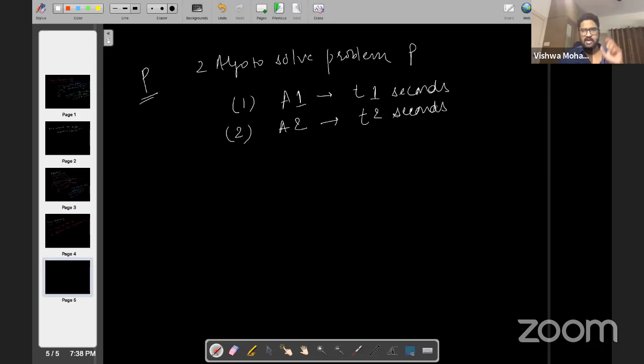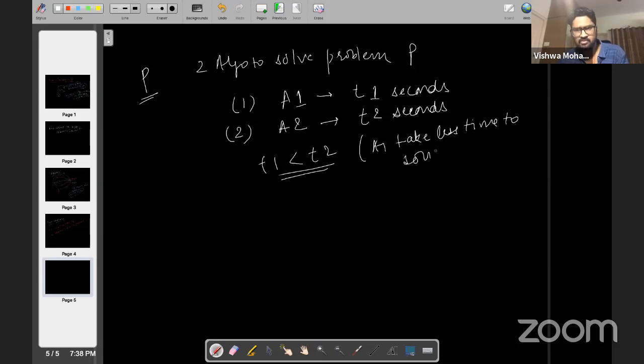And I tell you that T1 is less than T2. This has been given. It means A1 takes less time to solve P than A2.